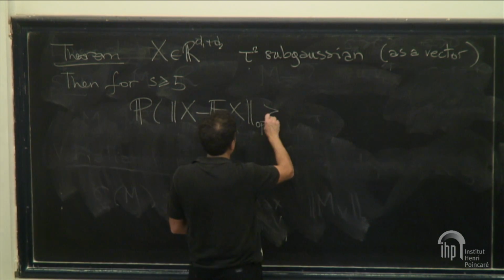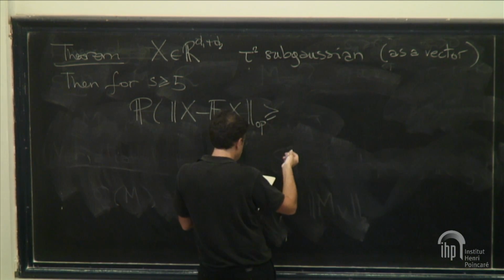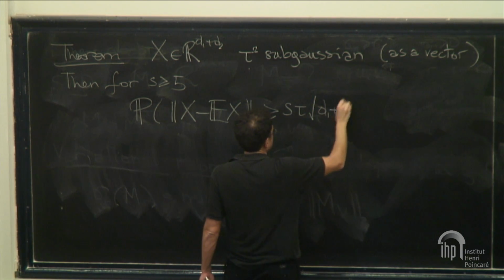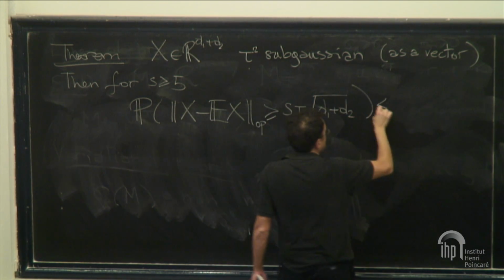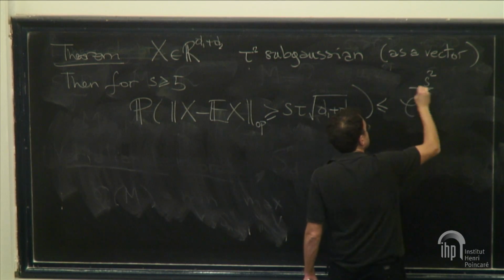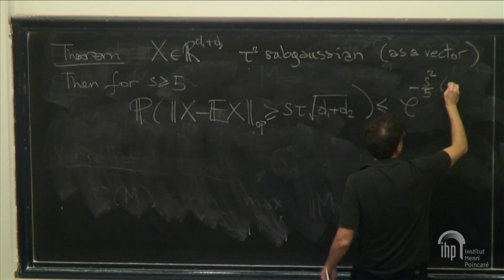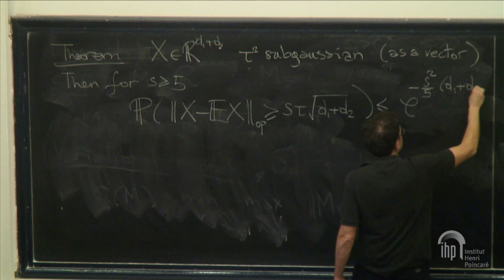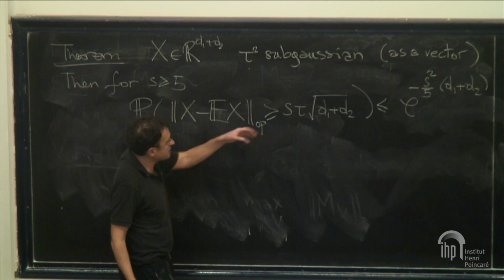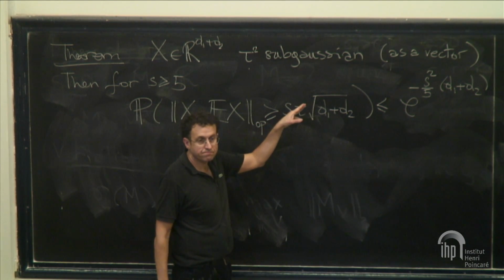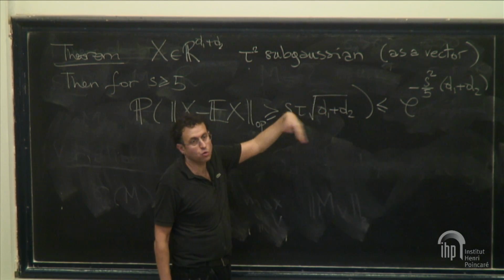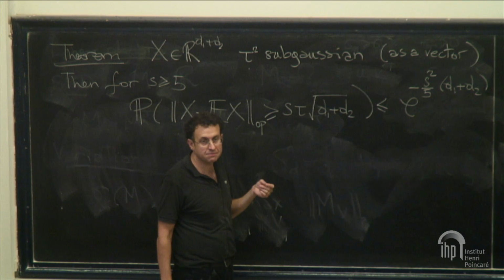The claim is that this is small, namely the probability that this is bigger than s tau times square root of d1 plus d2 is upper bounded by e to the minus s squared over 5 times, say, d1 plus d2. So basically, this is saying that this difference is of order tau times the square root of the dimensions of the matrix, or the square root of the maximum dimension of the matrix.